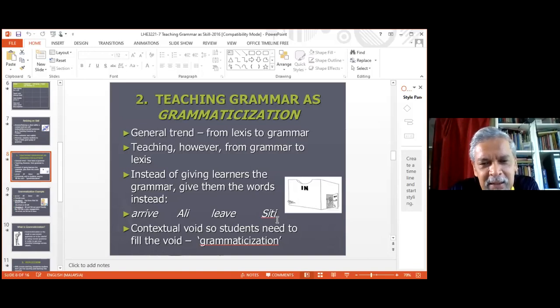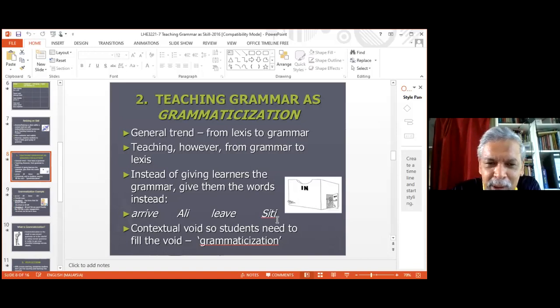Arrive, Ali, leave, city. Can you come up with a sentence based on the 4 words? Ali arrives when city leaves.